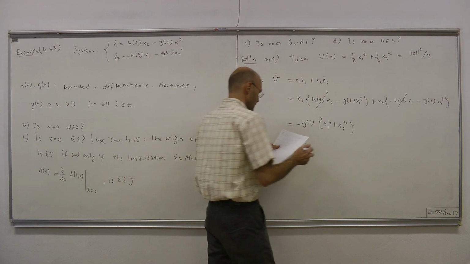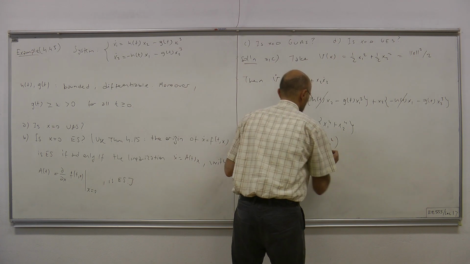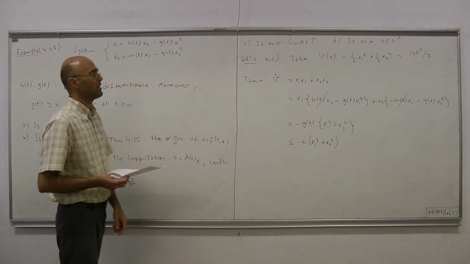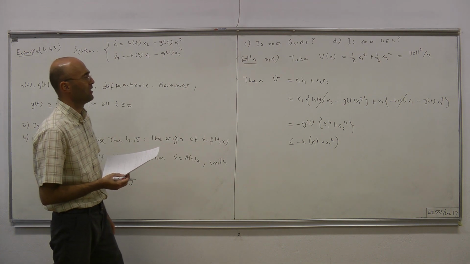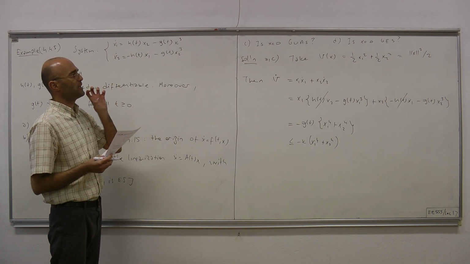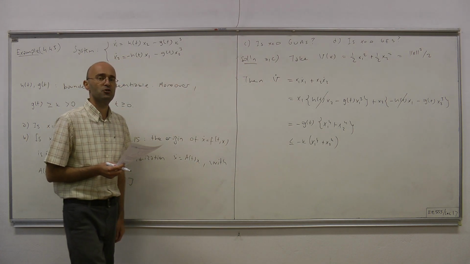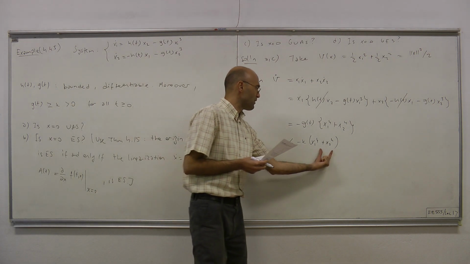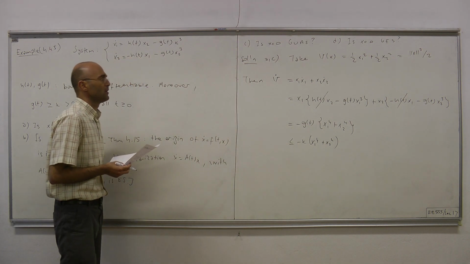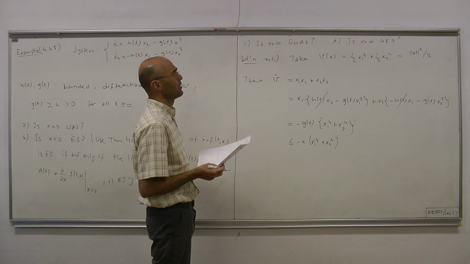Okay, x1 to the 4 plus x2 to the 4. It's more or less now obvious. We have uniform asymptotic stability, but to be able to apply theorem 4.9 directly, let's express this thing in terms of the norm, a function of the norm. Okay, and we're using the Euclidean norm.